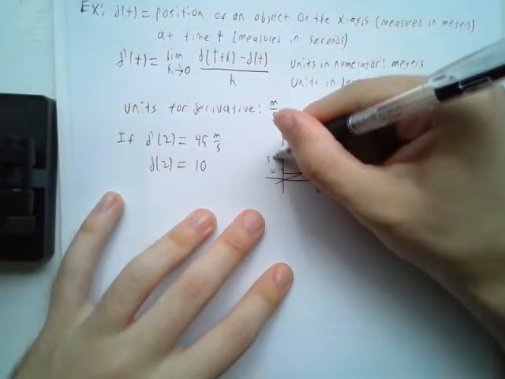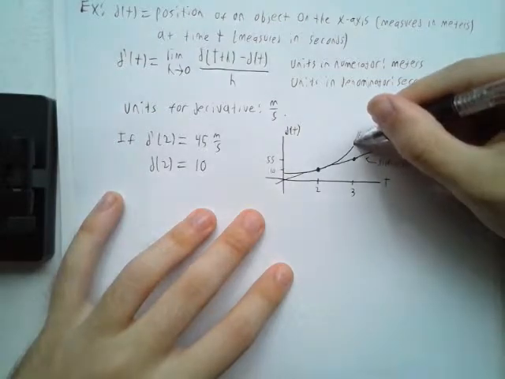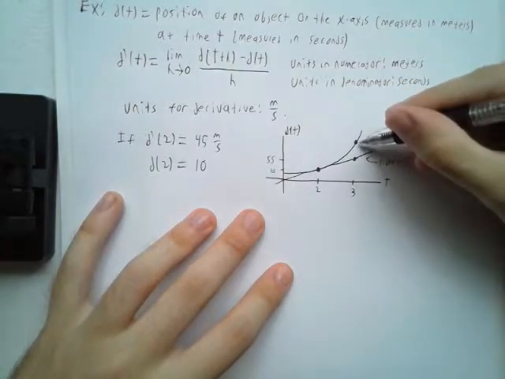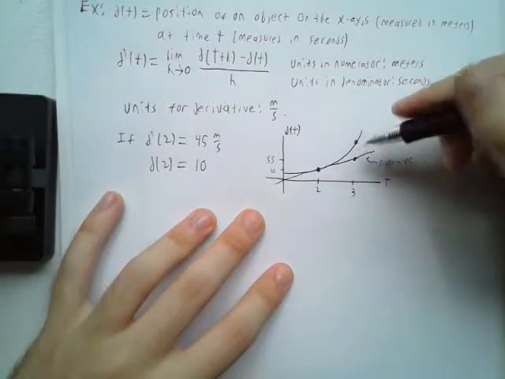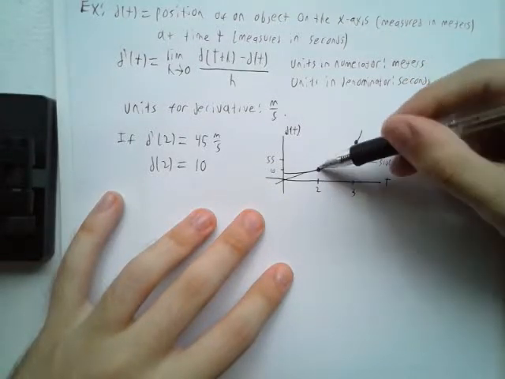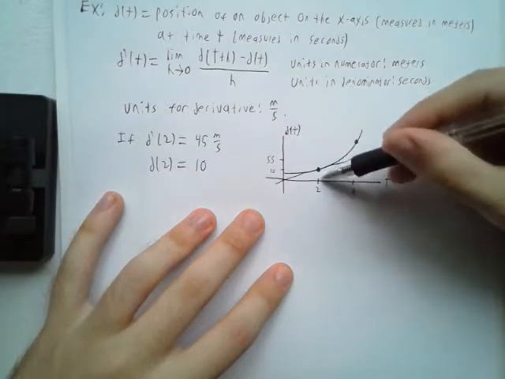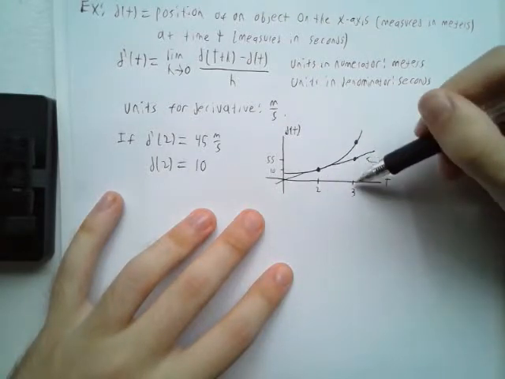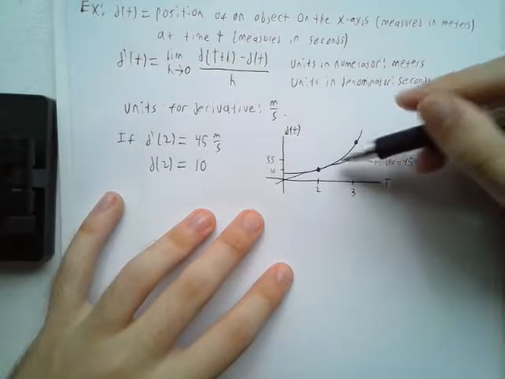However, the actual value of the function is somewhere up here. So this tells us that the object was actually increasing its speed between t equals 2 and t equals 3 because the function is going up steeper than the tangent line at 2.